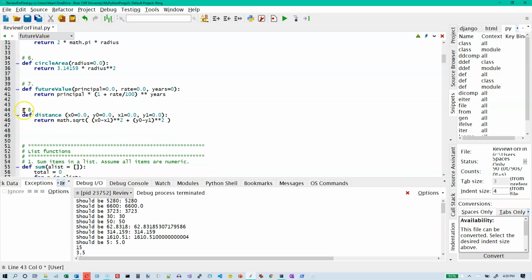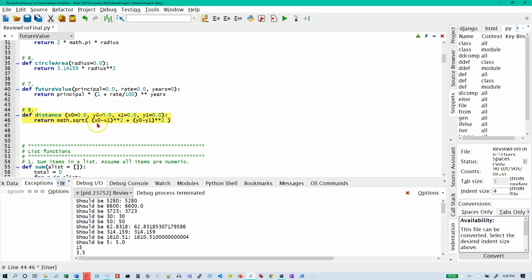Down here on number 8, it's the distance. We want to find the distance between 2 points, where the first one is x0 and y0. The second one is x1 and y1. This is basically the Pythagorean Theorem. And we want to find out how far we're moving along the x-axis horizontally, how far we're moving up and down, and those are going to be the 2 legs of our right triangle, and the distance is going to be the hypotenuse.